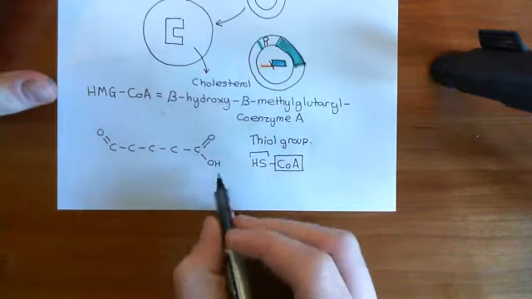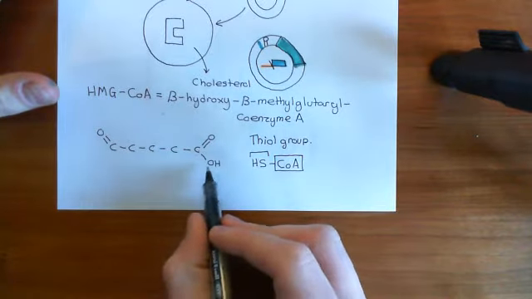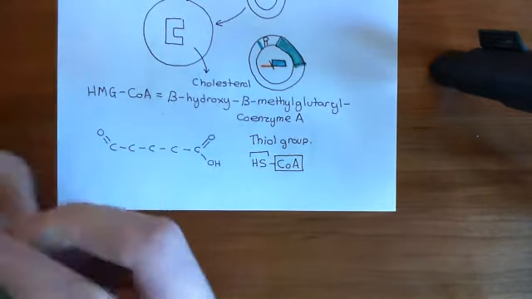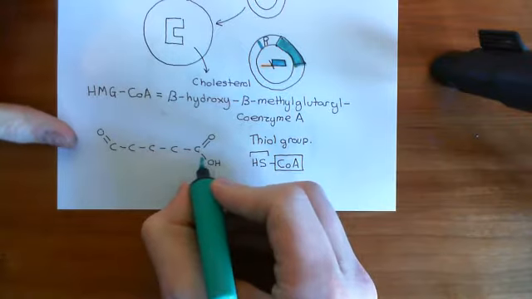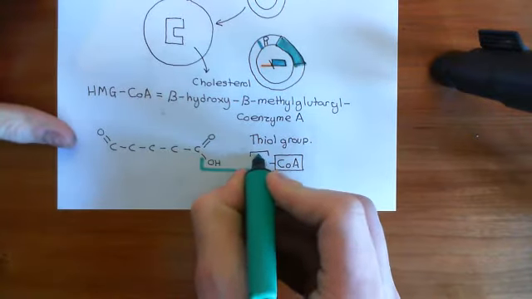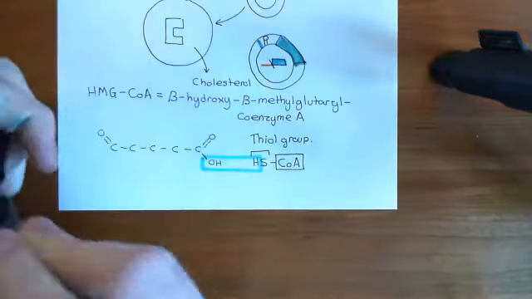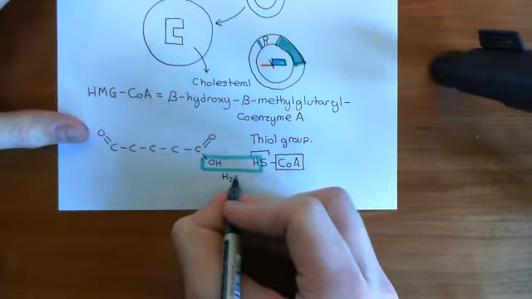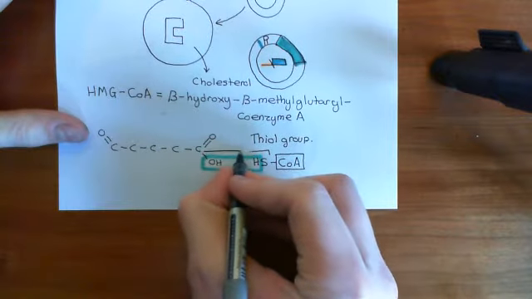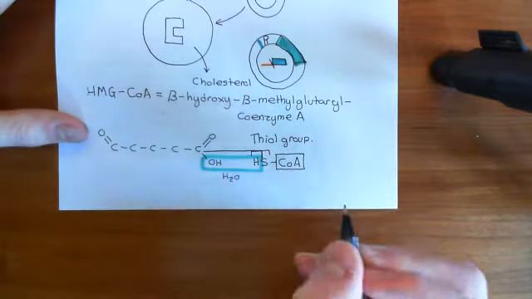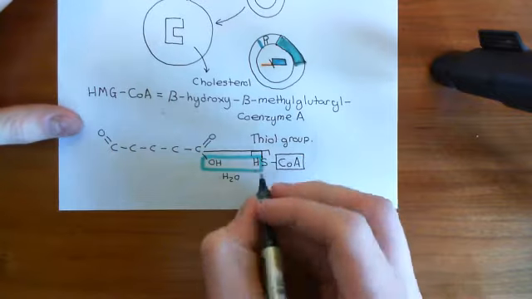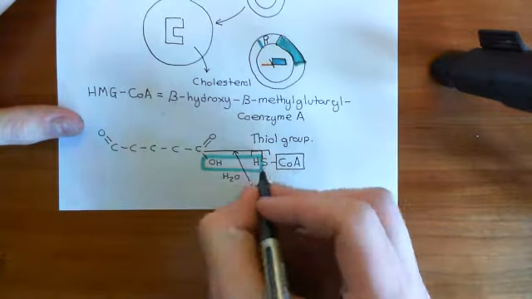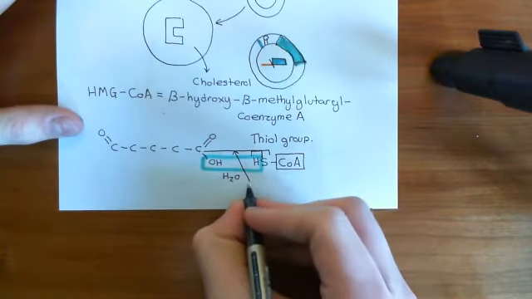Okay, and indeed it does. And what it can do is it can react with carboxylic acid groups in much the same way as an alcohol group can. So, what you're going to do is, we're familiar with this now, you can take the alcohol group off the carboxylic acid molecule, you can take the hydrogen off the thiol group, you can combine those together to make water, and then you can bind this carbon here of the carboxylic acid group to this sulfur atom of the coenzyme A molecule, and that's a link where you've got the carbon atom of a carboxylic acid molecule linked to the sulfur atom of a thiol group.